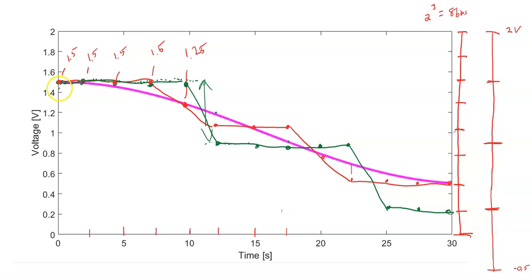I'll draw it in blue. But we're only sampling every 5 seconds. So we take one sample here at 0, and then we take another sample here at 15, and we're going to get exactly 1 volt. And then we're going to take another sample here at 30 seconds, and we're going to get 0.5 volts. So we're going 1.5, 1, and 0.